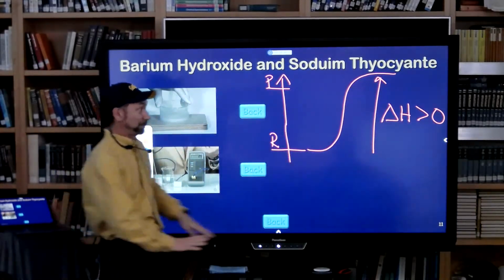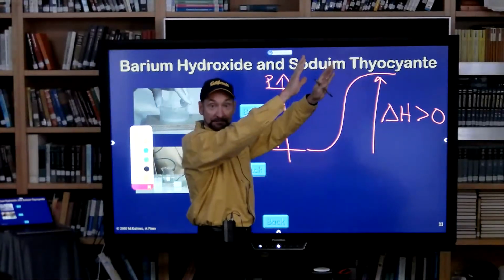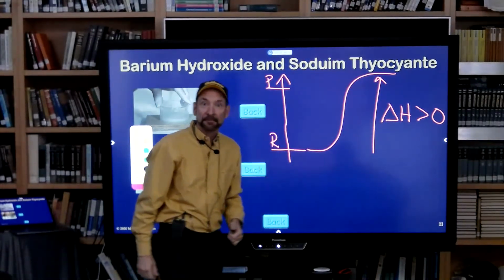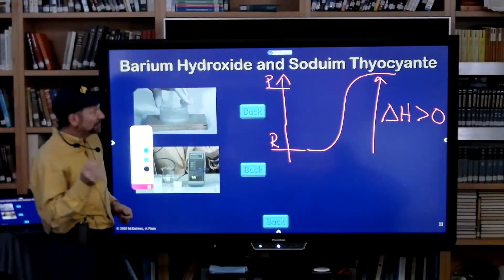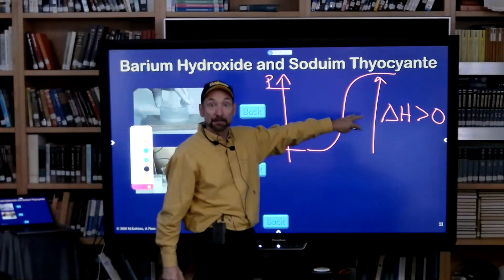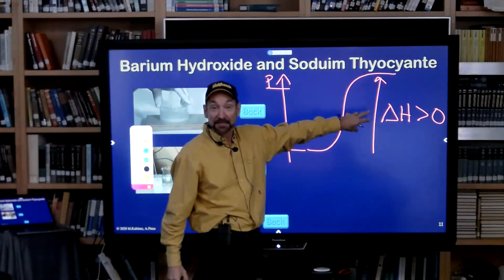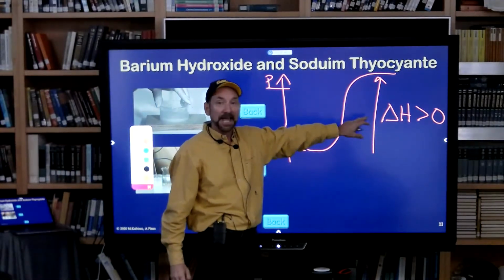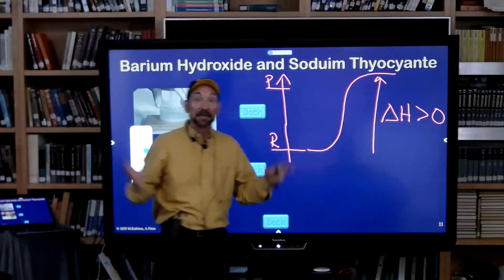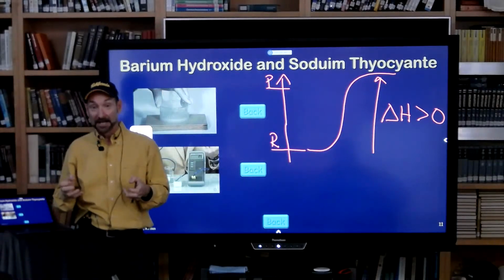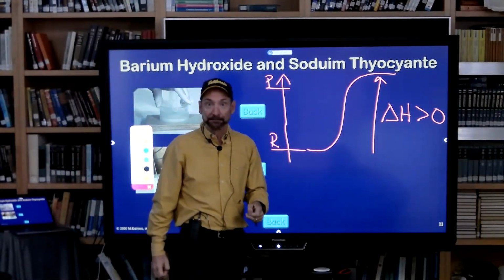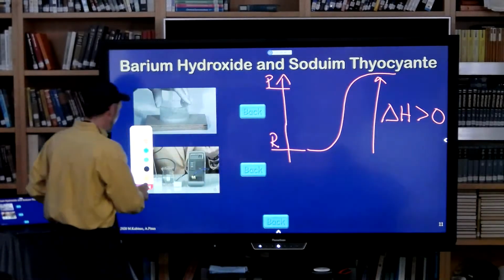And why does it spontaneously, without any interaction from anything else, go up that hill? So we found last time that it is the entropy contribution. So there's an enthalpic and entropic contribution to chemical reactions, and the combination decides whether the reaction goes spontaneously.